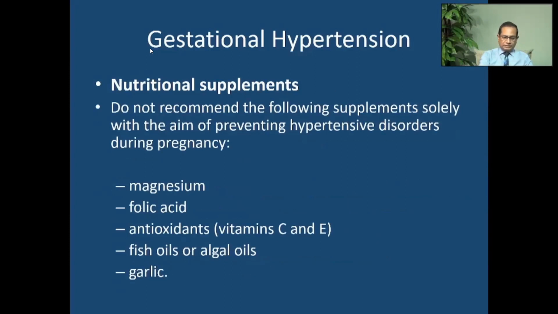And also about various nutritional supplements some people recommend during pregnancy, but you should not recommend the following supplements solely with the aim of preventing hypertensive disorders during pregnancy. Those are magnesium, folic acid, antioxidants like vitamin C and vitamin E, fish oils or algal oils, or garlic. Mind you, this is about hypertension, but there may be some other indications to prescribe folic acid and so on during pregnancy.